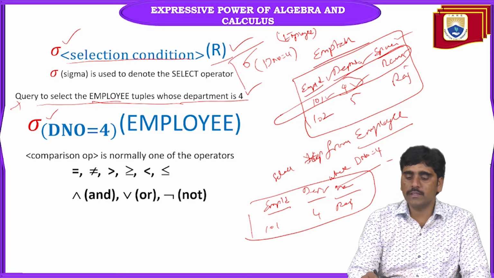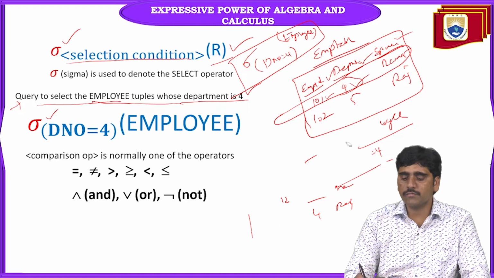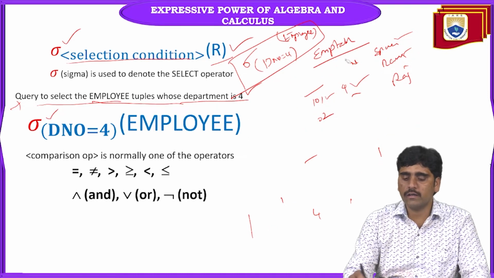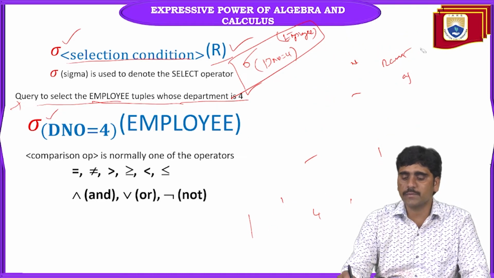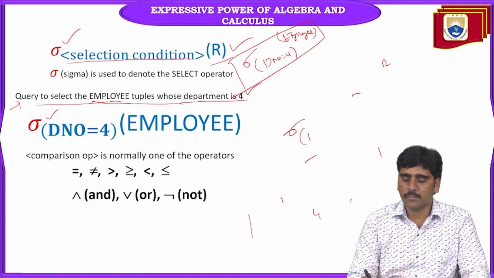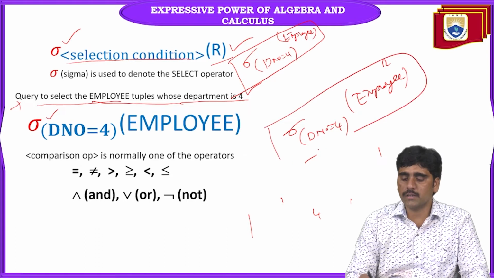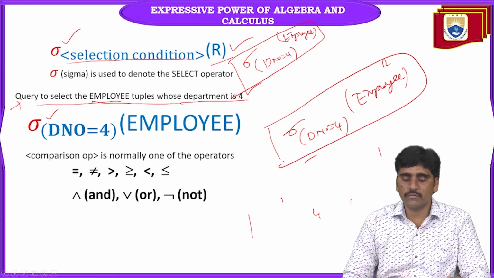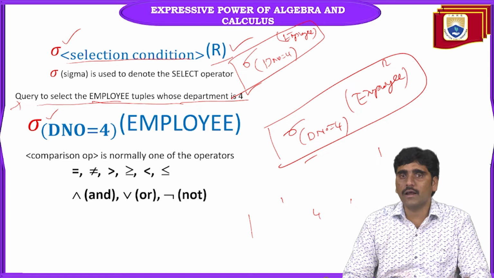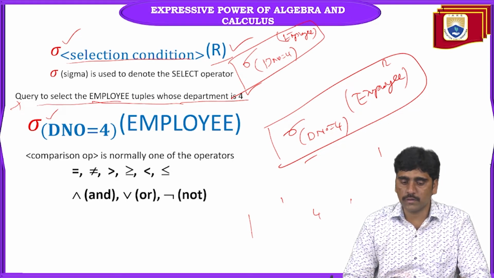So this is the unsafe query, which you can write to represent the expressive power of algebra: sigma of department number equals 4 of employee. Employee is nothing but the relation name, that is, the table, right? So this is the way you can write a relational algebraic query.